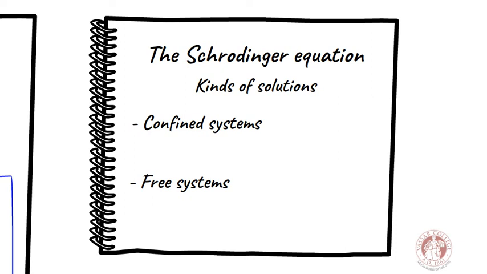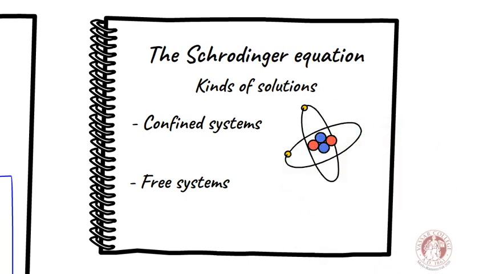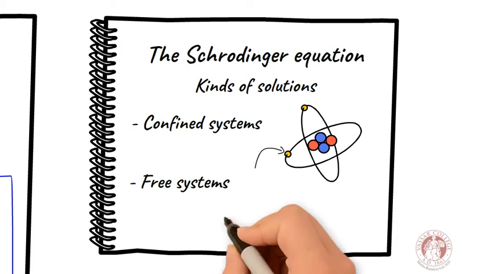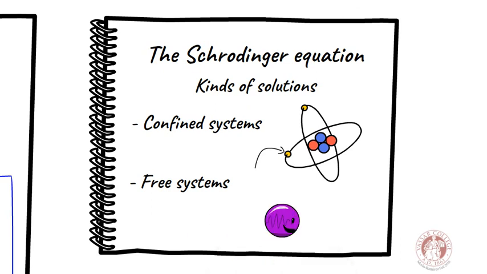When the potential is not zero, the system is called confined. An example of this system is an electron subject to the electrostatic potential in an atom. On the other side, when the potential is zero, we call the system a free system. As an example, we have a free electron.